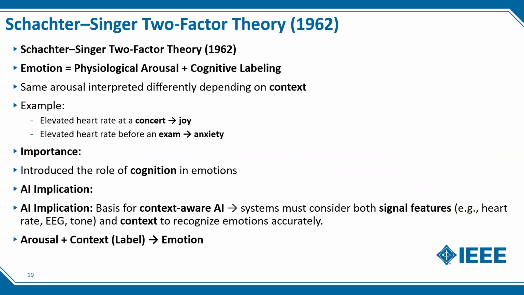The third theory is the two-factor theory by Schachter and Singer. According to this theory, he introduced another concept: emotion is based on physiological arousal and cognitive labeling.